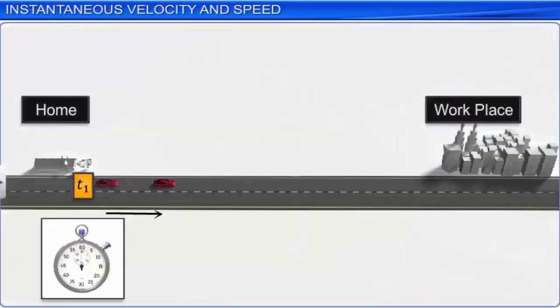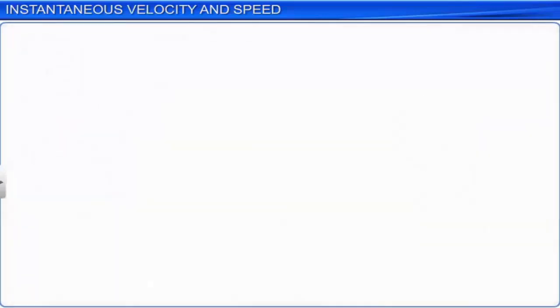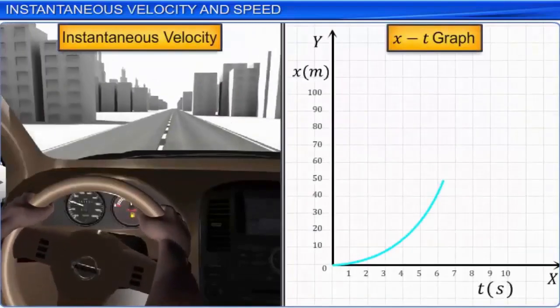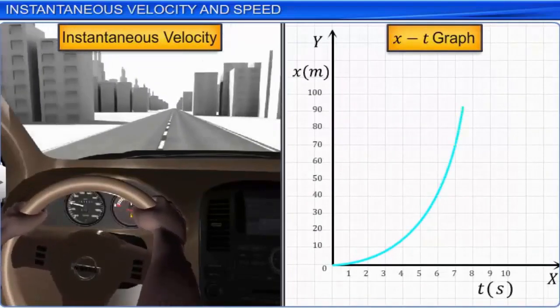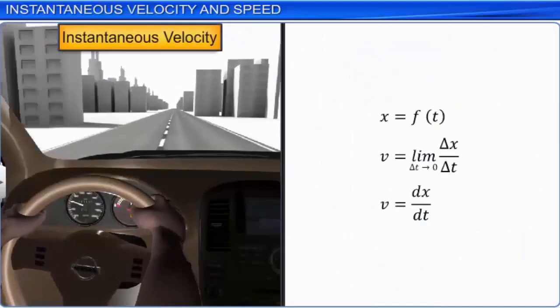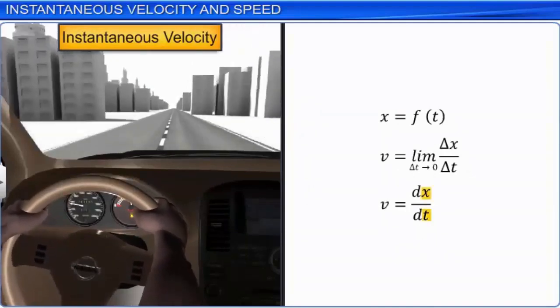It represents the rate of change of position with respect to time at that instant of time. We can obtain the value of instantaneous velocity either from the xt graph or numerically using differential calculus if the relation between x and t is known for the motion.